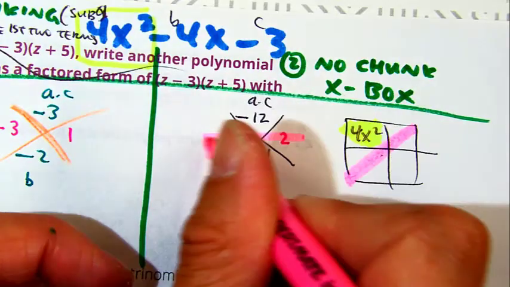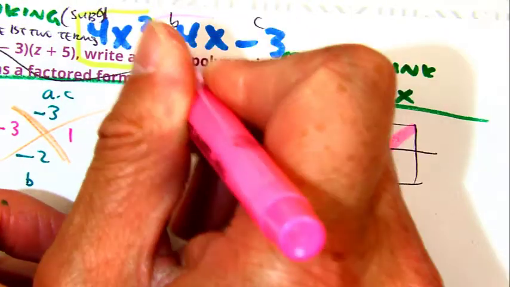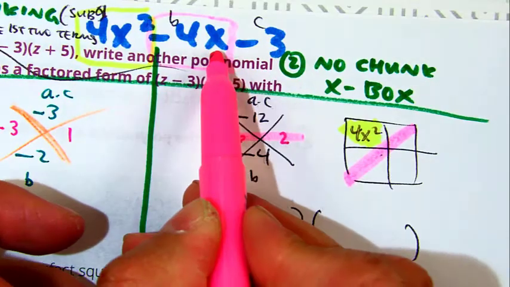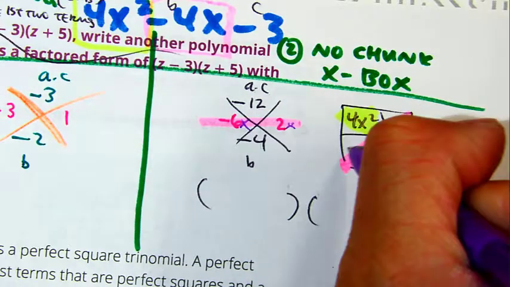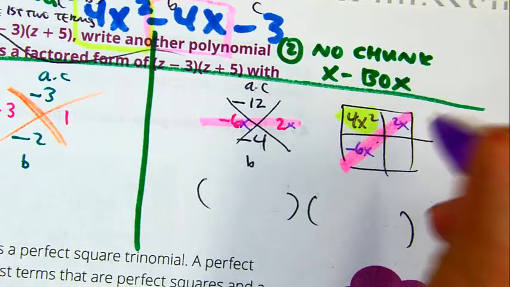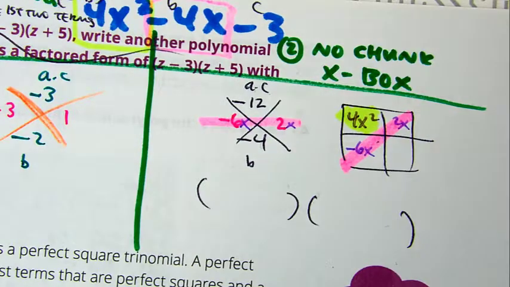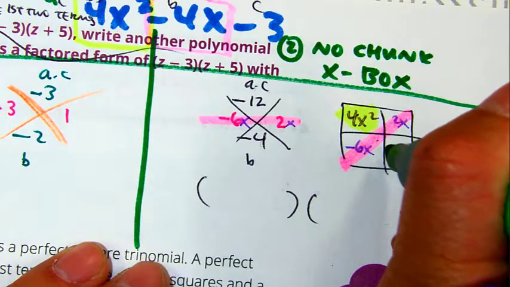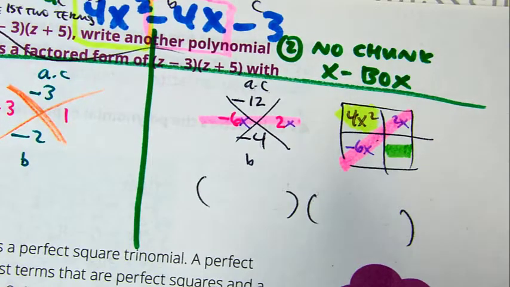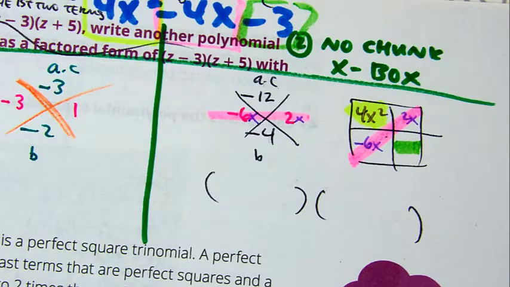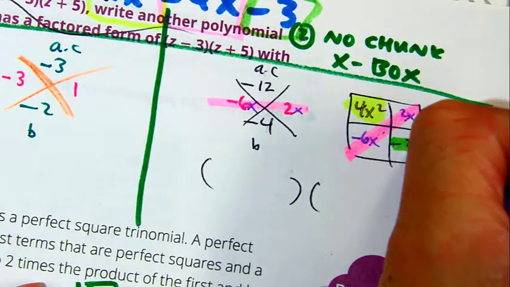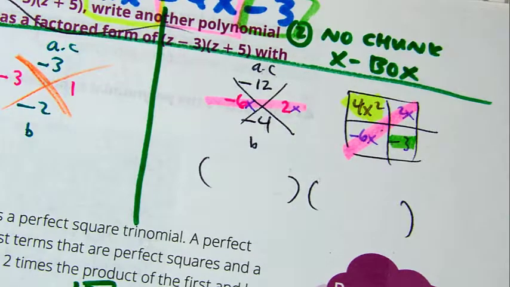Remember, these two values are splitting the middle term, so we have to add an x. Do you see that? So essentially, this is negative 6x, this is a 2x. And Nathan, what always goes in the bottom right? Good job.